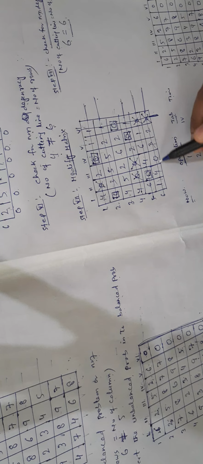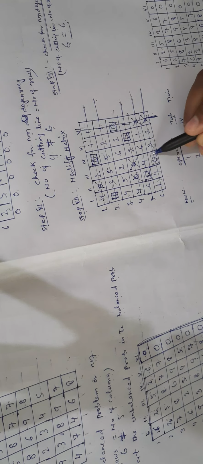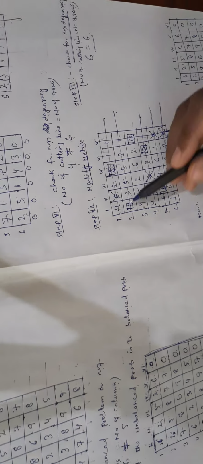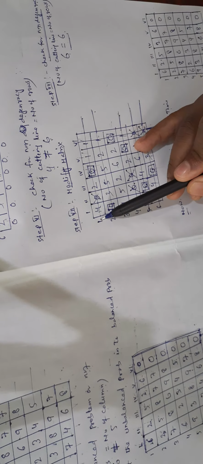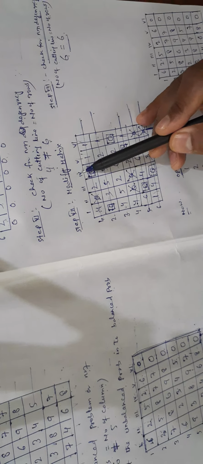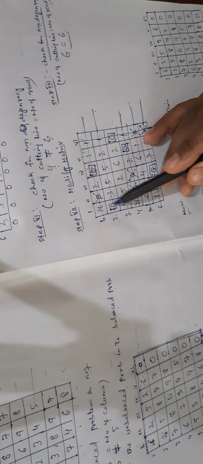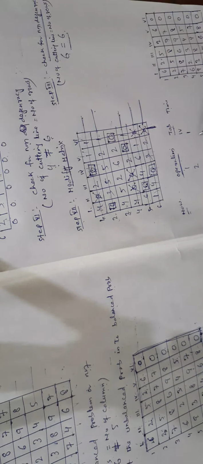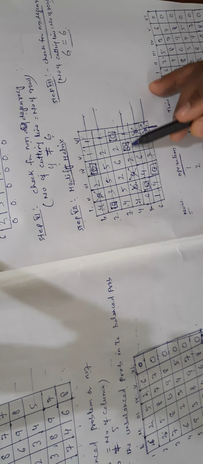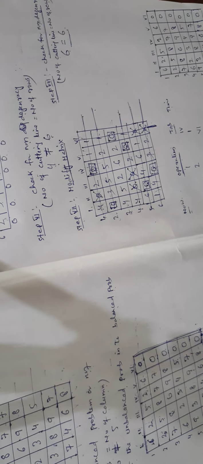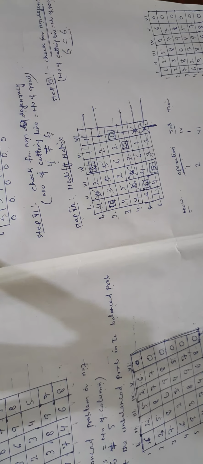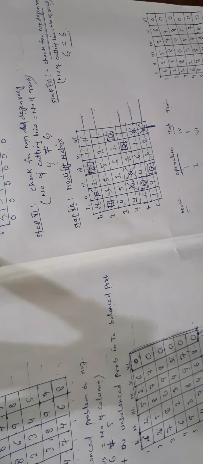Now next sixth row, we have to assign this one 0, there is no other 0, this one 0 is already cancelled. So the first row assigned 0 is fourth, second row assigned 0 is first, third is sixth, fourth is fifth, fifth row assigned 0 is second, and sixth row assigned 0 is third.